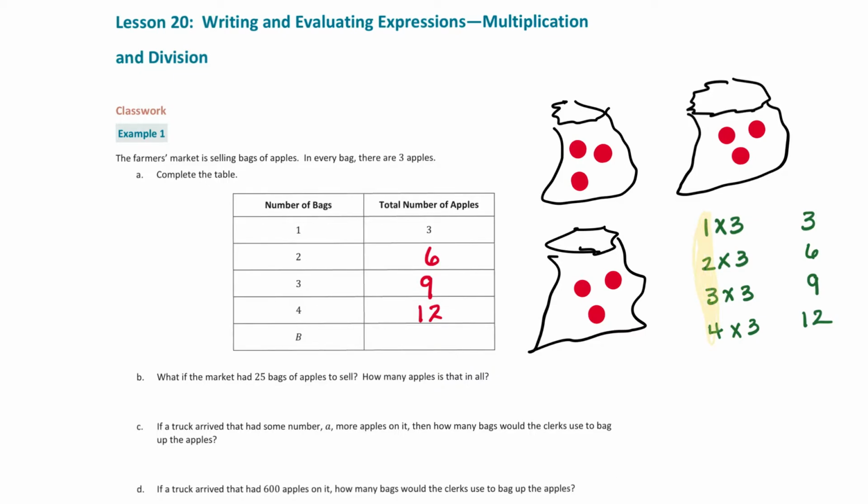And here, what is changing is the number of bags. The number of apples that we have depends on the number of bags. So since the number of bags can change, we can represent that with a variable.